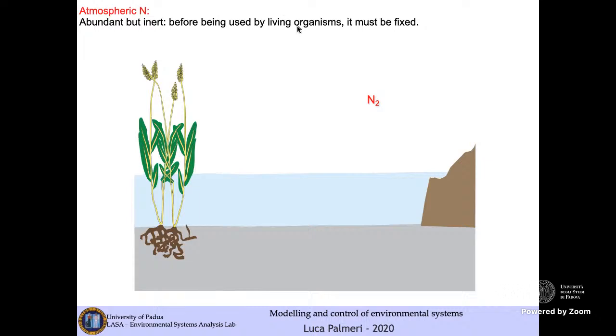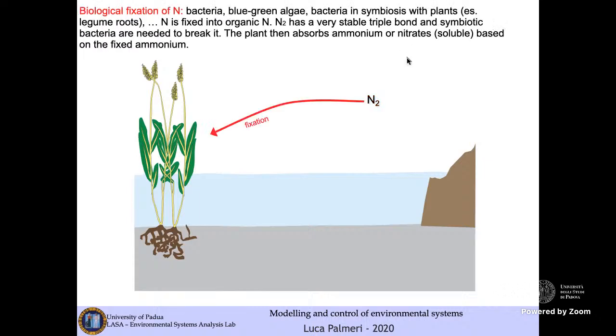So before being used by living organisms, it must be fixed. So this is the biological fixation, the process of transfer of gaseous nitrogen from the atmosphere into the biosphere. This process is called fixation, biological fixation, and is carried by bacteria like the blue-green algae.